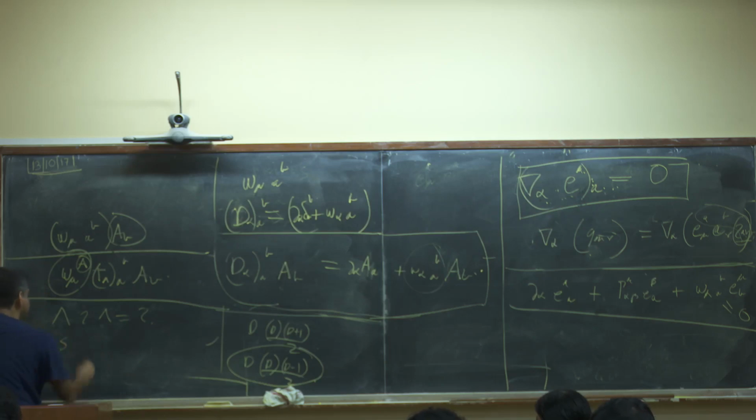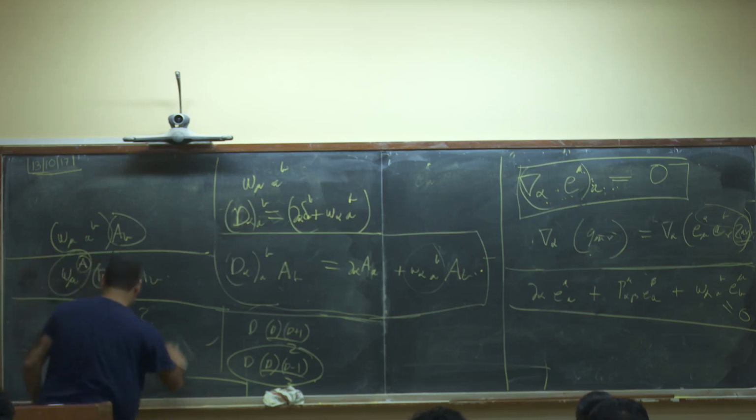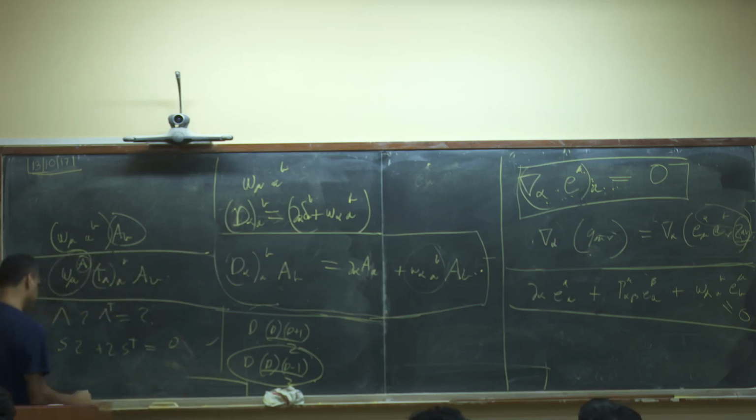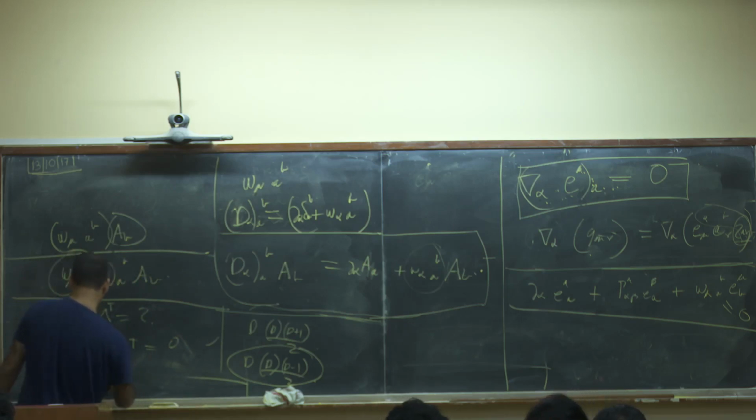So we get s transpose eta plus eta s is equal to 0. And so we're going to get that s transpose is equal to minus eta inverse s eta.